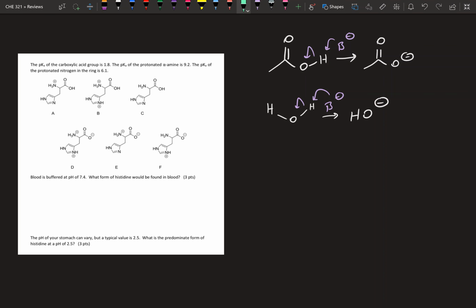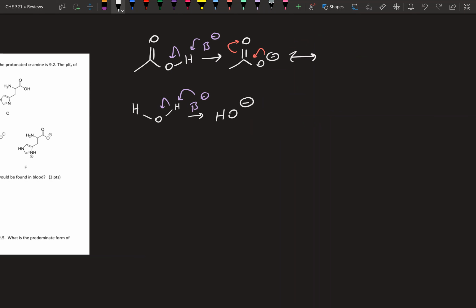That carboxylate anion can also resonate that negative charge. I can go like this, bring that up, and draw a resonance structure for this. It looks like that, so it also has a resonance stabilizing factor. Because of that, it is even more stable than that hydroxide anion.